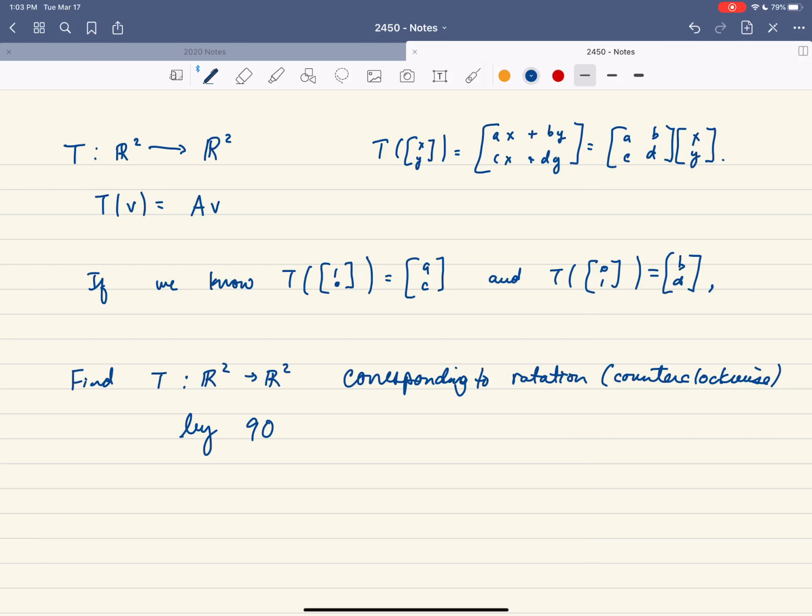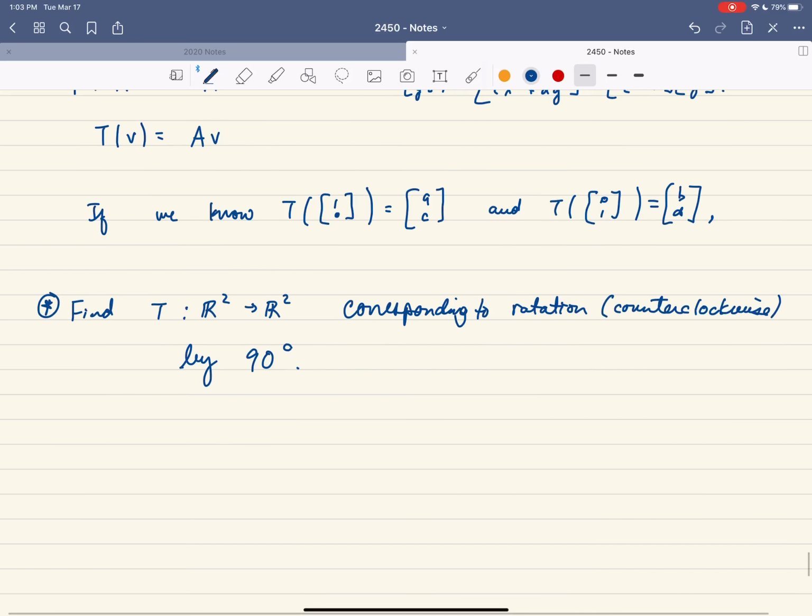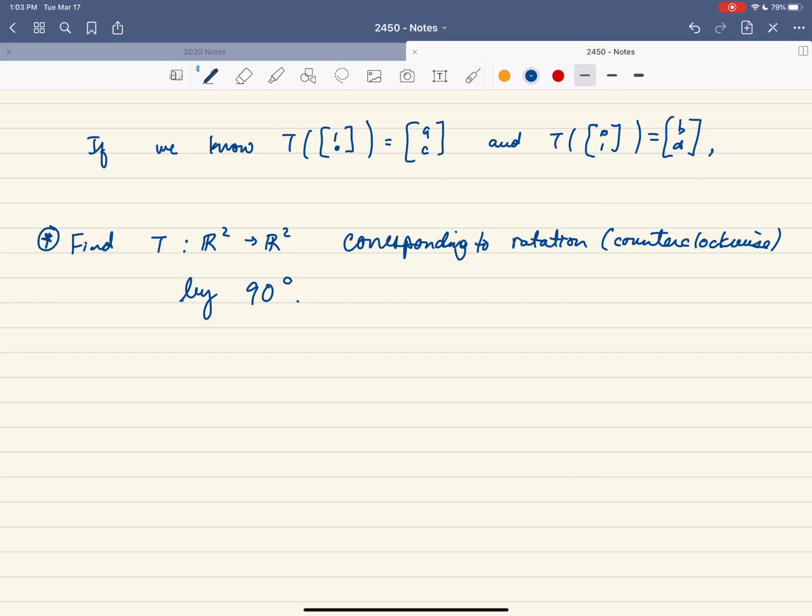So I want to figure out the transformation so that if I have any vector, say some vector v of some particular length, I want to figure out what transformation I have to apply to v so that v gets mapped to the same vector, just rotated.